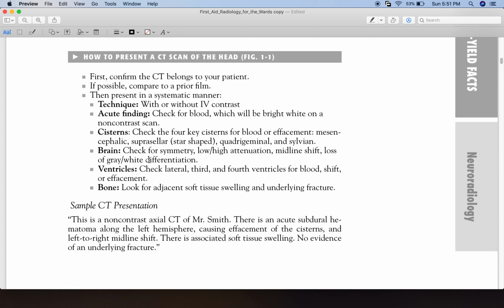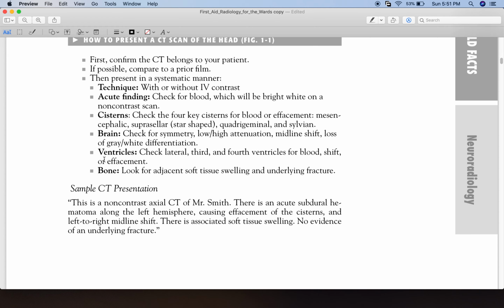Then we check the brain. Check for symmetry. The brain should be symmetrical. Look for low and high attenuation, midline shift, and loss of gray-white differentiation. These are important points. Then we check the ventricles, obviously.